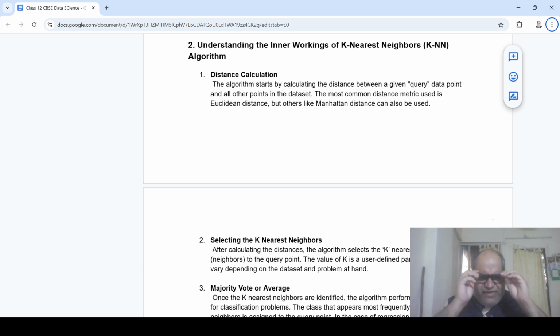So basically, when you have a new data point, let's call it a query, you are trying to find all the other points which are nearest to it. So you have some kind of distance measure, the distance from one point to the other, and then you sort in some way.